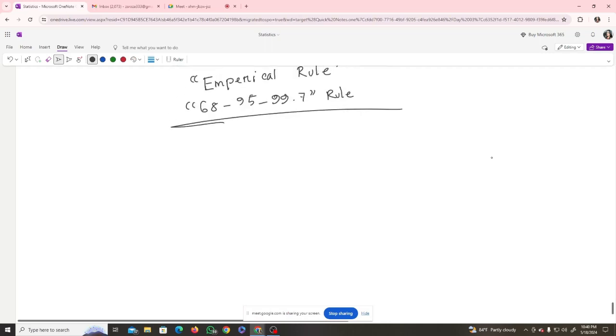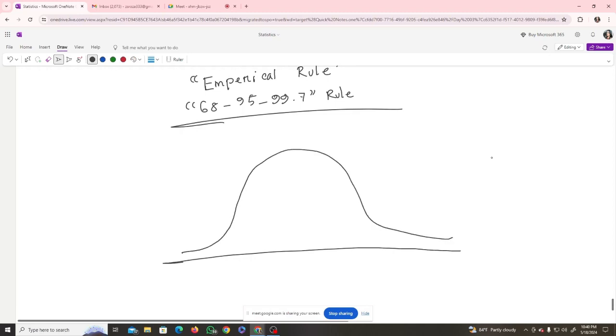So what does it actually mean? Suppose this is your normal distribution. This is your mean. This is your population mean. And you have one standard deviation to the right. Then you have two standard deviations to the right.